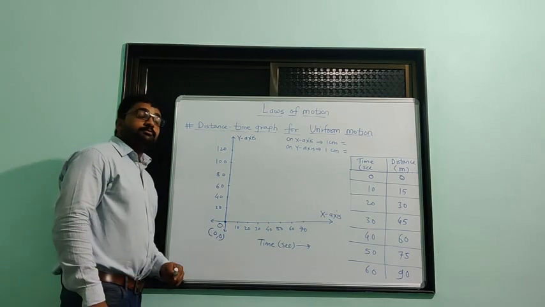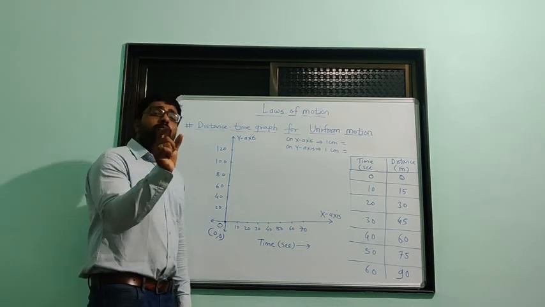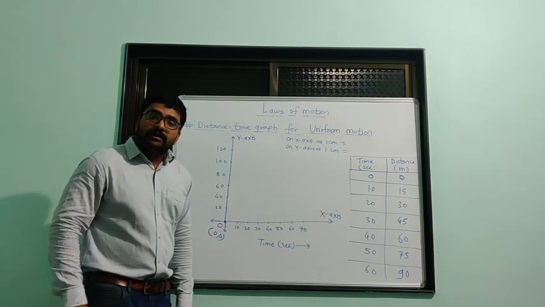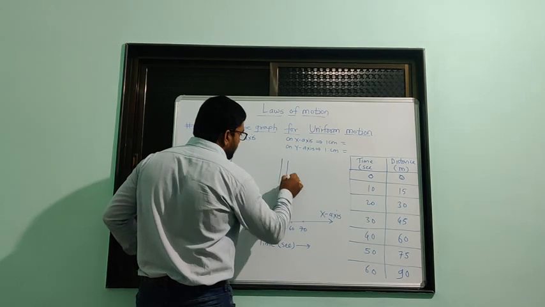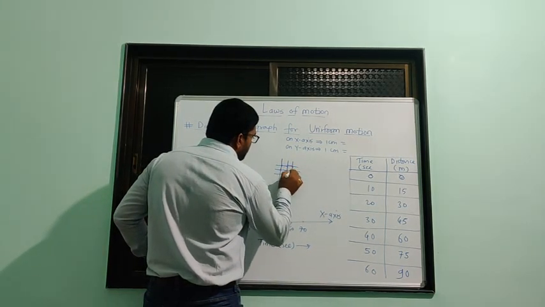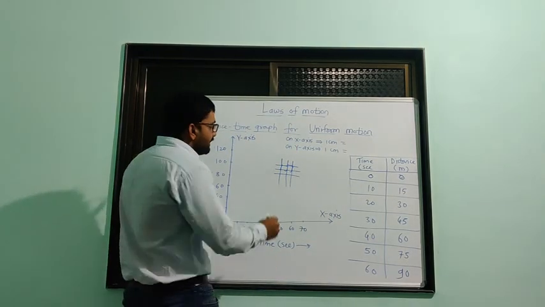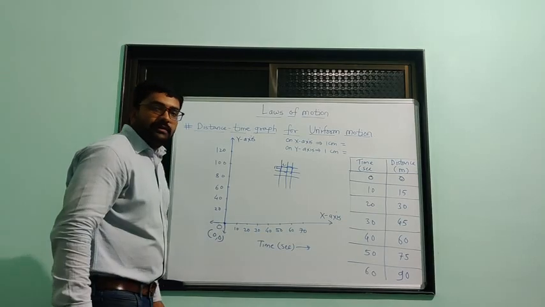Now we know, if you observe graph paper, you will find small squares of 1 centimeter by 1 centimeter. Look at that, such squares you observe on graph paper. This is one, this is one. The length of each is 1 centimeter and the breadth is also 1 centimeter.